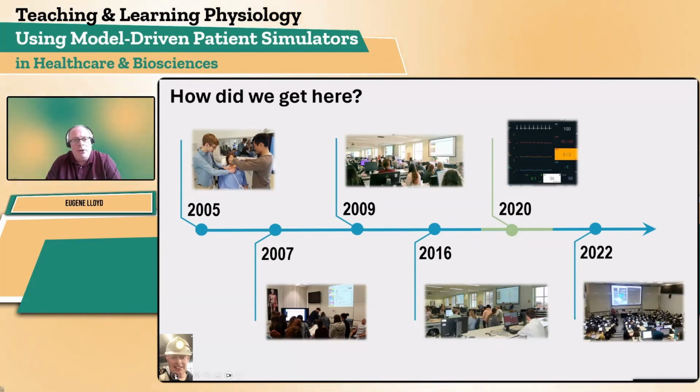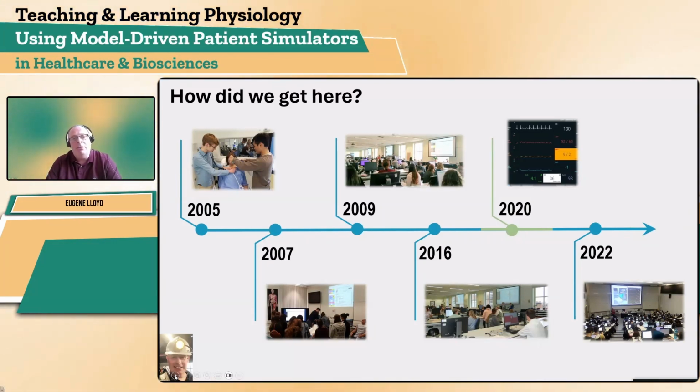And we purchased 2 METI simulators, and we built 2 simulation suites. And that actually constrained us a little because there were certain limits on the number of students we could get into a simulation suite, the number of staff that were required.